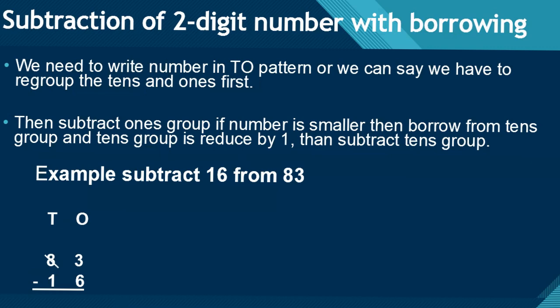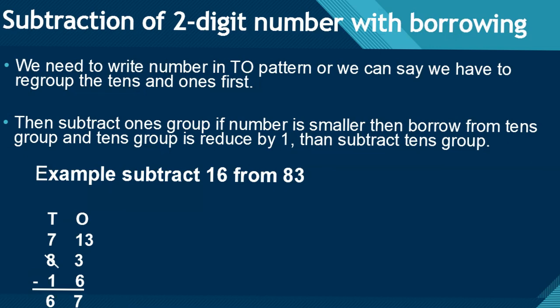Now 8 will give you the borrow, so 8 will become 7. And now you have got 10 more chocolates. So you have 3 chocolates at first, and now you got 10 more chocolates. Then you have 13 chocolates.